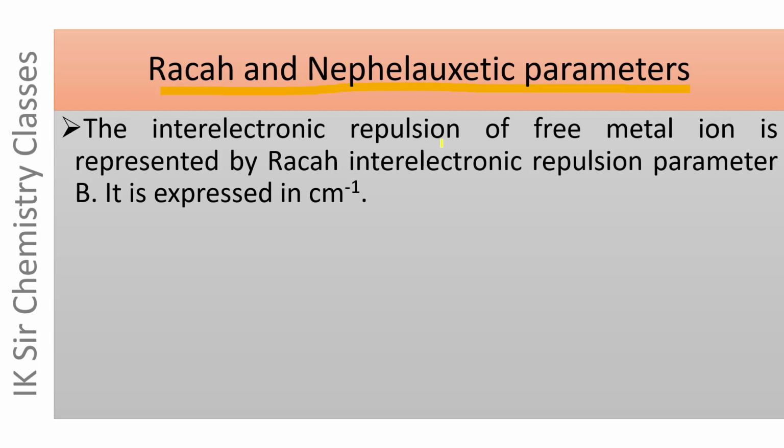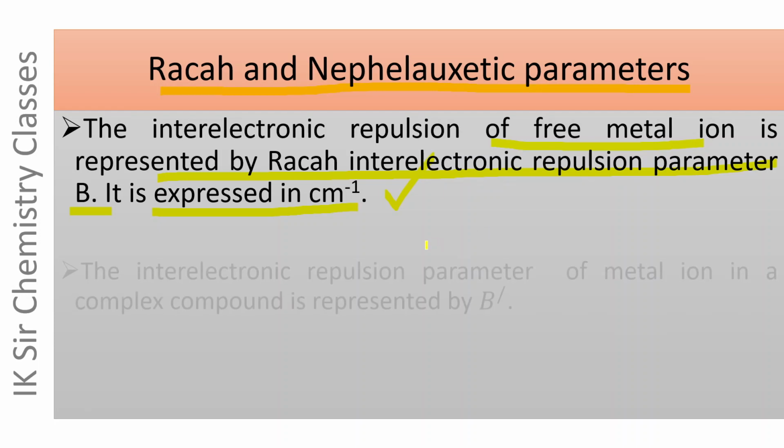The interelectronic repulsion of free transition metal ion is represented by Racah interelectronic repulsion parameter B, and it is expressed in centimeter inverse.